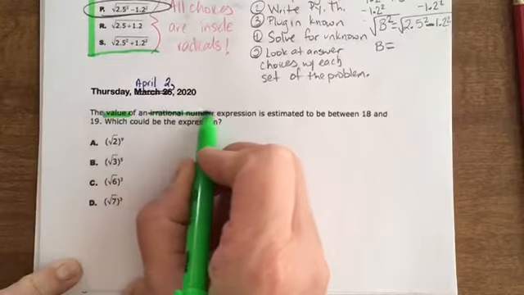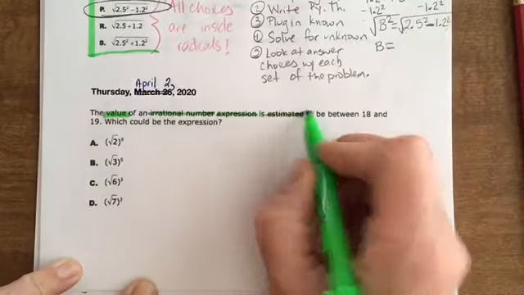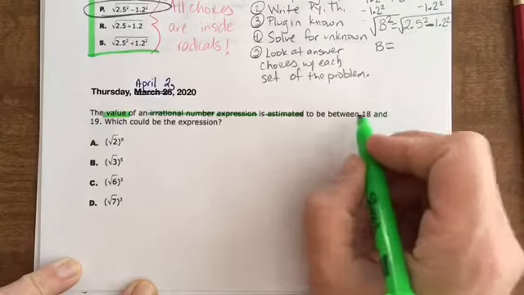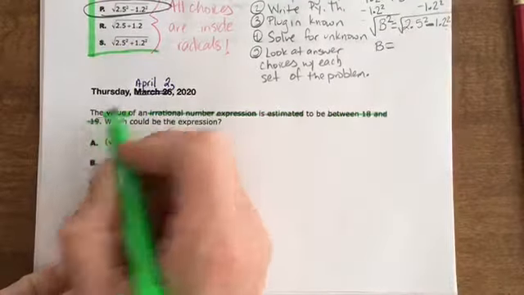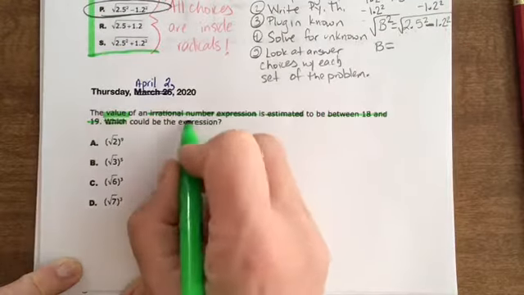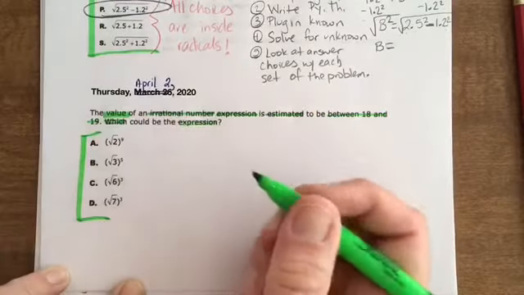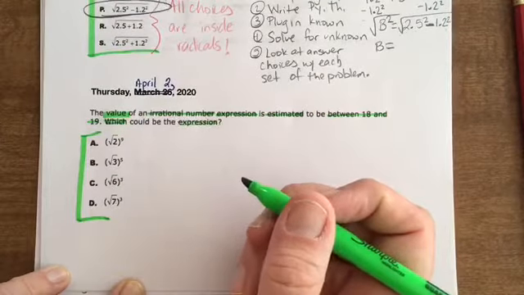We know we're dealing with an irrational number. We've been given an expression. It's an estimate, so there won't be an exact answer, and it is between 18 and 19, which, implying singularity, could be the expression. And then the answer choices would, of course, be keywords as well.